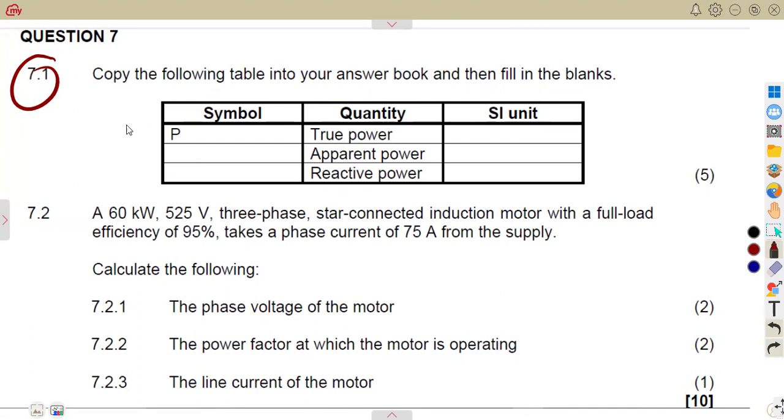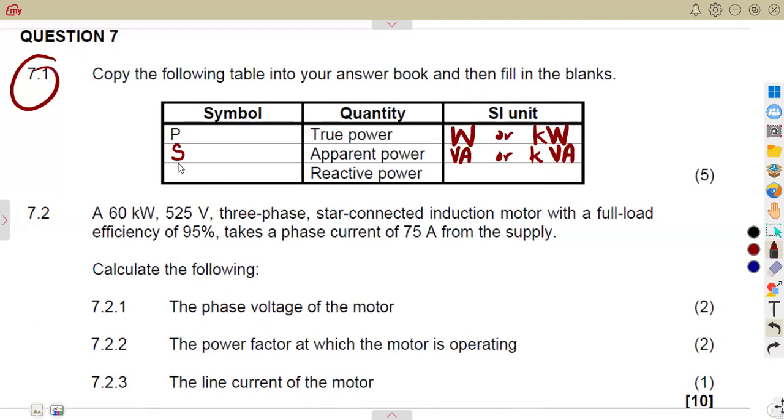So remember the true power, that is P, and the SI unit for power, that is the watt. Okay, so power measured in watts, or it can be given as the kilowatt. The apparent power, remember, that is S. The symbol for apparent power is S, and measured in volt amperes, or this can be kilovolt amperes.